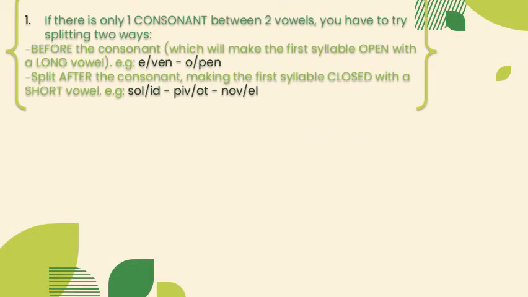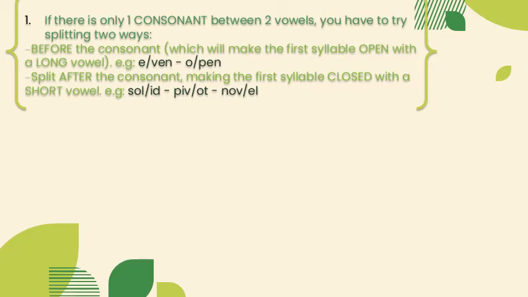First rule: if there is only one consonant between two vowels, you have to try splitting two ways. Before the consonant, which will make the first syllable open with a long vowel, as in even, open. Notice that in these two words I have two vowel letters, and between them one consonant letter.